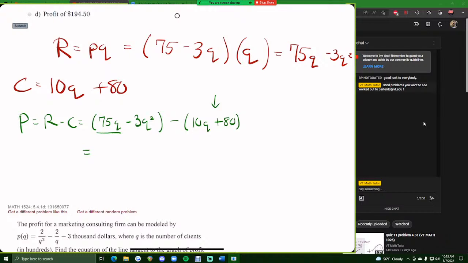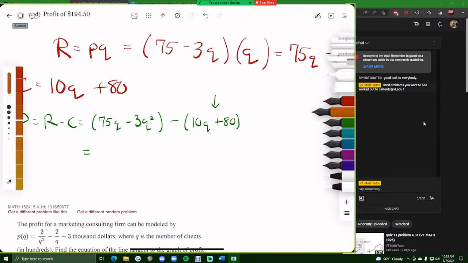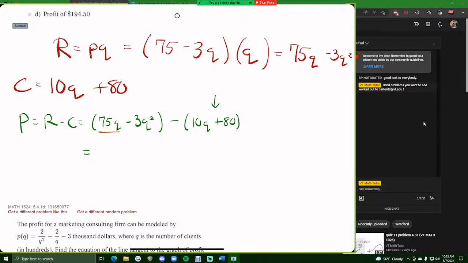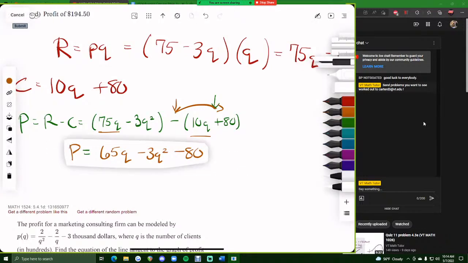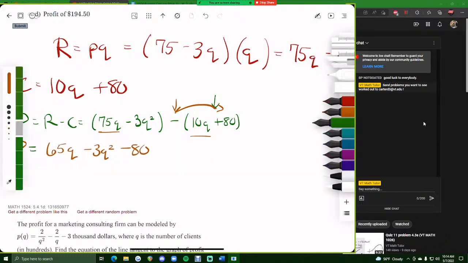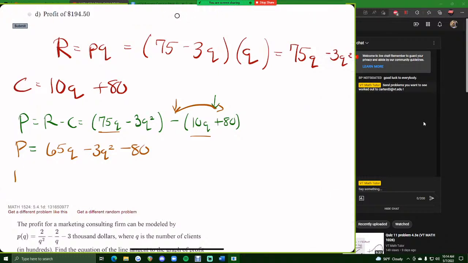We see a 75Q minus 10Q. That's 65Q. And then no other like terms, so we just have minus 3Q squared. And then we distribute the negative to the 80, so minus 80. This is our profit. Now, let's make some space here. This is our profit, and we want to know what marginal profit is, so we find P prime.